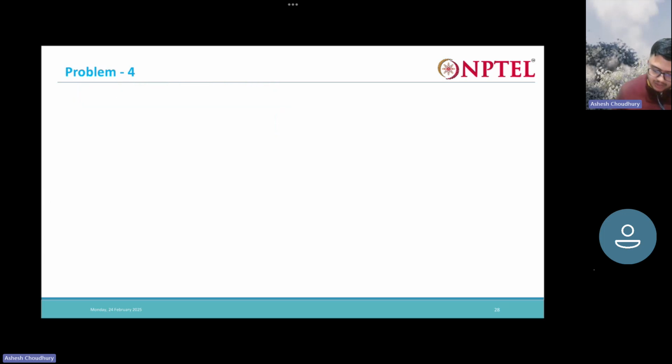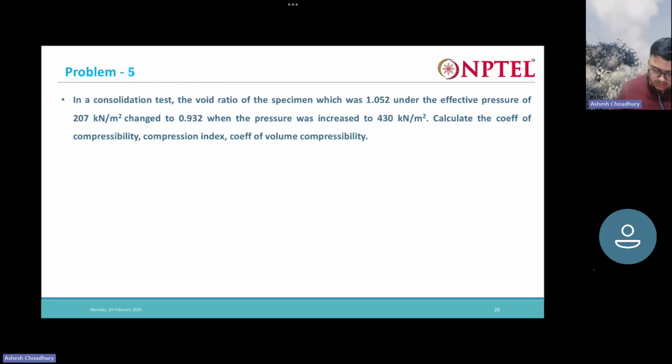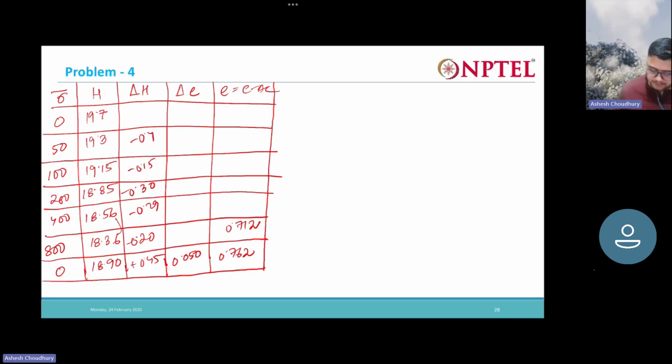So here what we calculated, 0.712. Let's write down the height differences first. These height differences: minus 0.20, minus 0.29, and so on. Okay, the height differences I just wrote down.